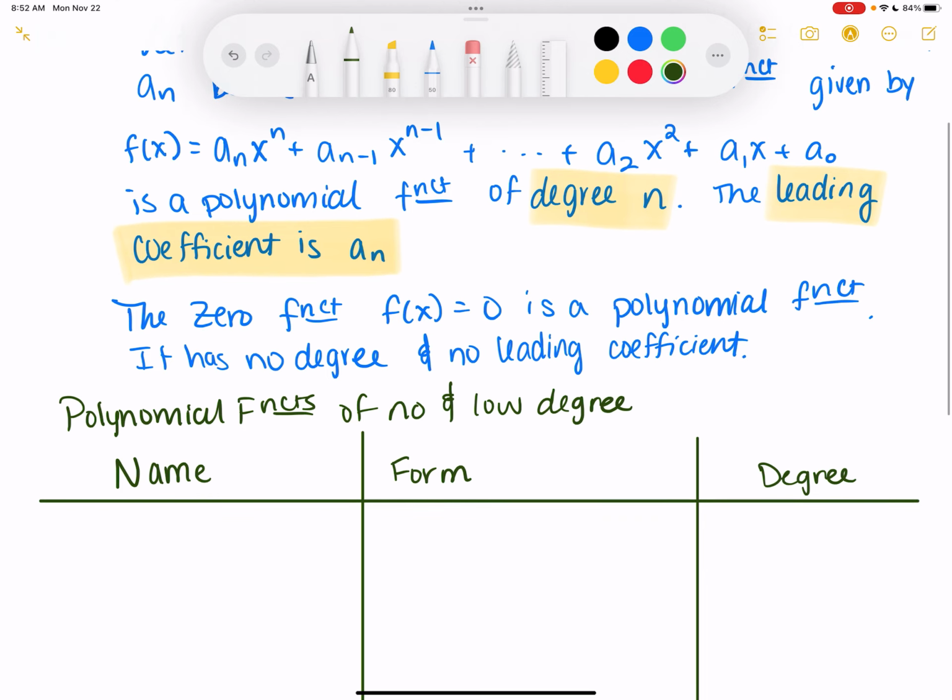I'm going to list off all the ones that we're going to do, and then we'll do the form and the degree in a second. We're going to have a zero function, a constant function, a linear function, and a quadratic function.